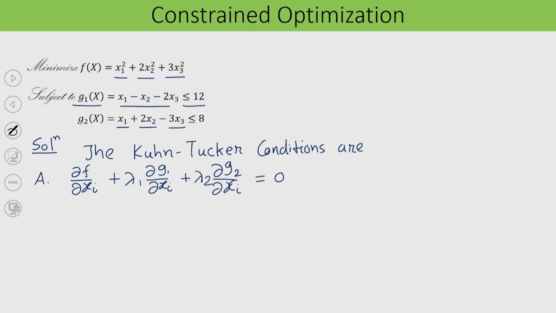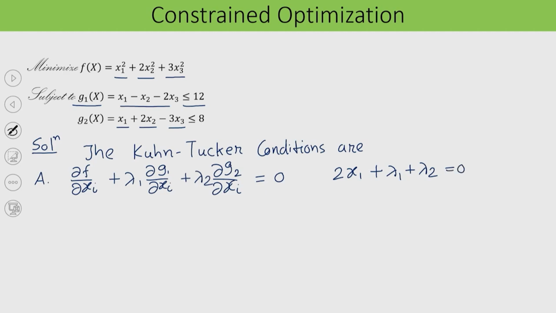Okay. So, if we apply this condition, then we will get these equations, that is twice x 1 plus lambda 1 plus lambda 2 equal to 0.